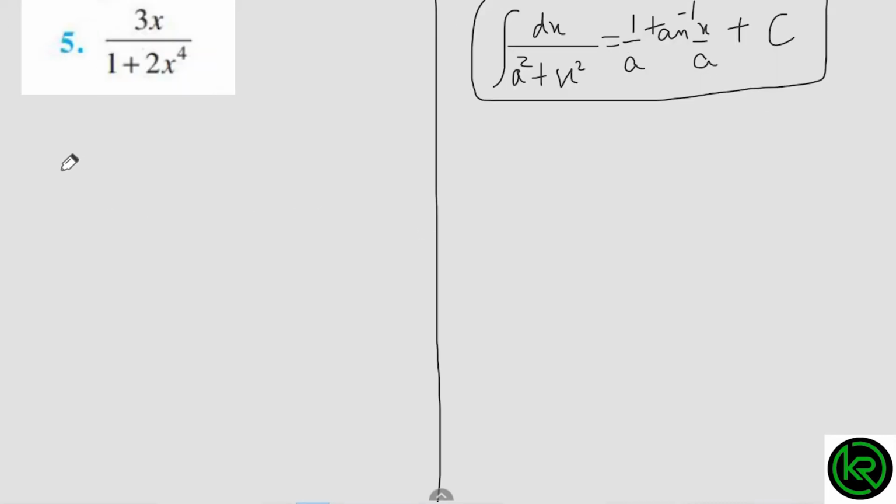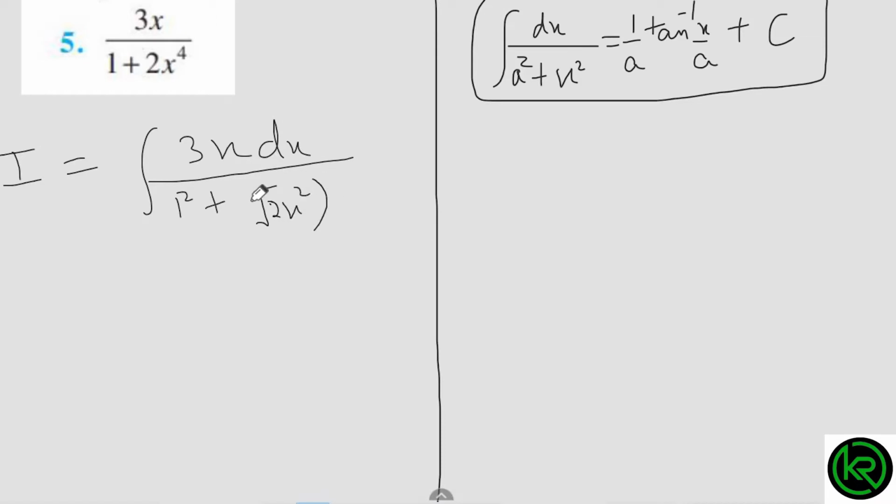Next question. Question number 5. I is equal to integration 3x dx over 1 square plus 2x to the power 4. Okay, students, here we can write 2x to the power 4 as root 2 x square whole square. Okay, and root 2 x square you will put equal to t, and differentiate both sides with respect to x.